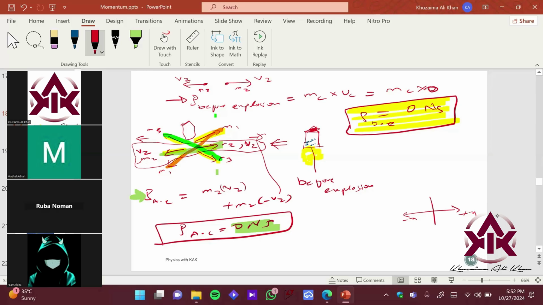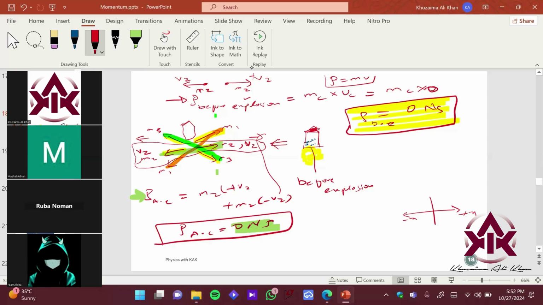M2, M2. So imagine if you want to apply the formula of the sum of momentum after collision. That is going to be as follows, right? So what is the formula of momentum? Momentum is equal to mass times velocity, right? I'm just doing that over here. So M2 for this particular part, and this direction is positive, so the velocity is positive v2.